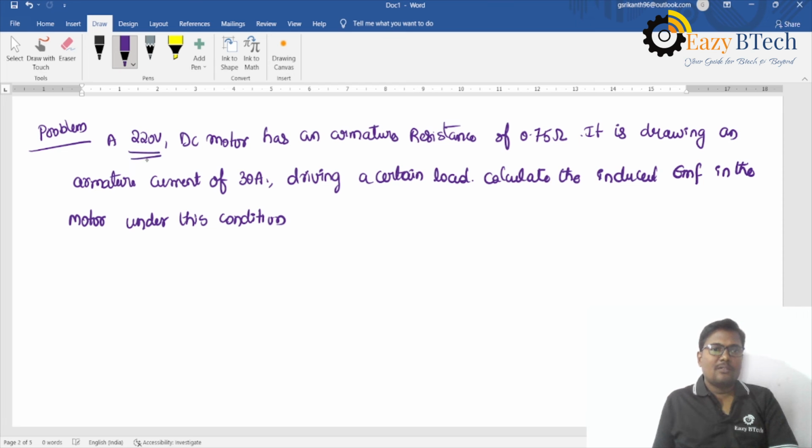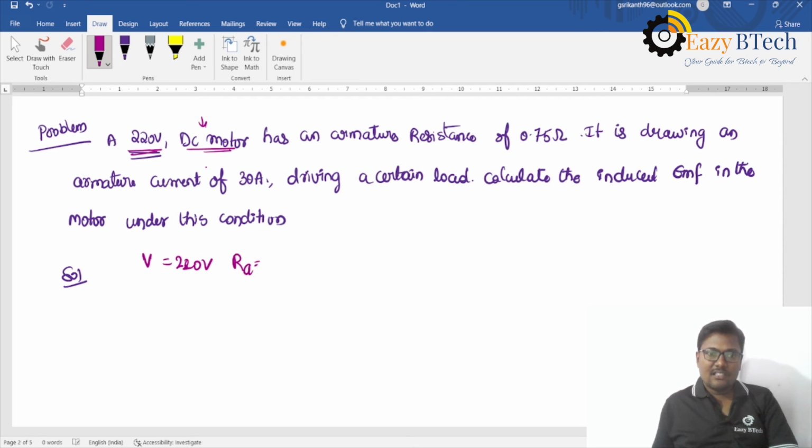A 220 volts DC motor means the given data is the supply voltage. As we discussed in the previous lecture, a 220 volts DC generator means the terminal voltage, which is the output. A 220 volts DC motor means the input is electrical, so the input voltage is 220 volts.